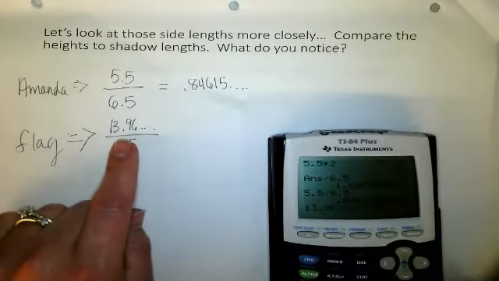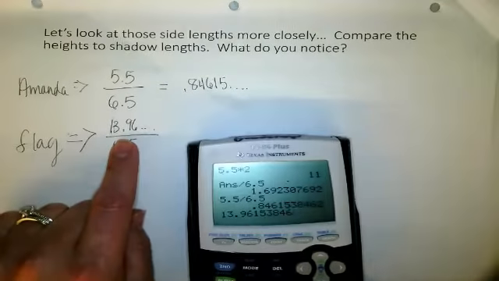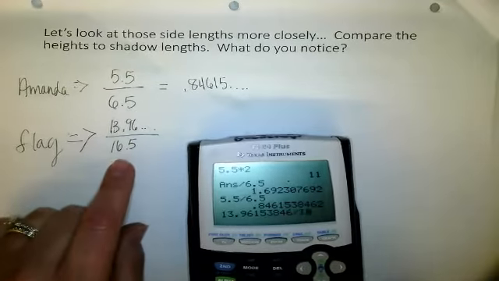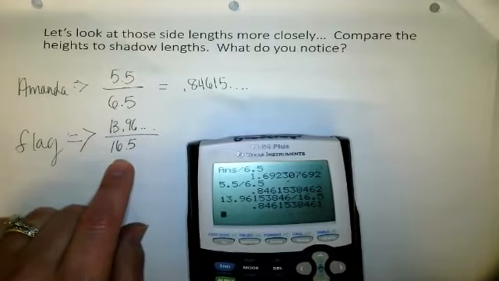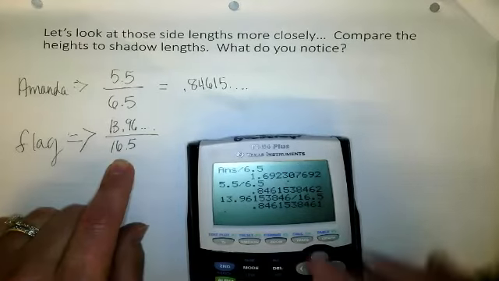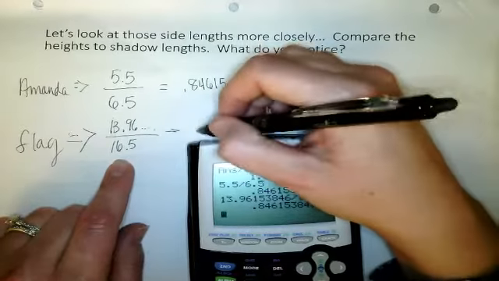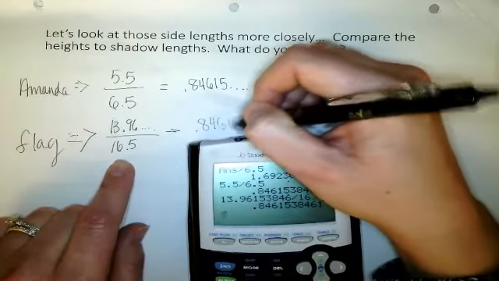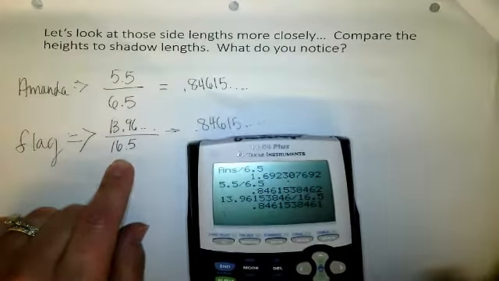I'm going to grab that whole big long chain and divide it by 16.5. Just arrow up and go grab it. Hey, look at that. Those are the same, yeah?